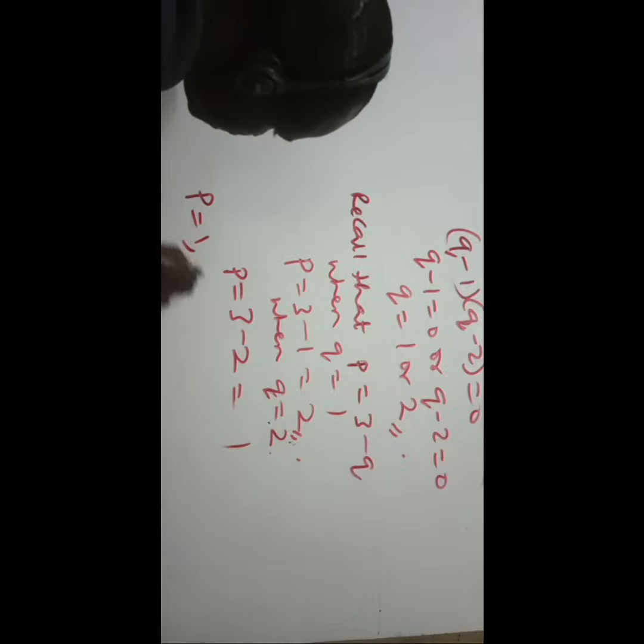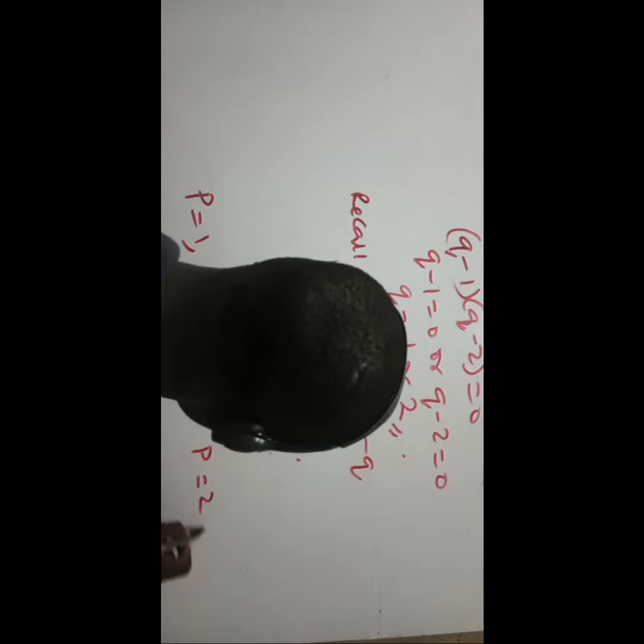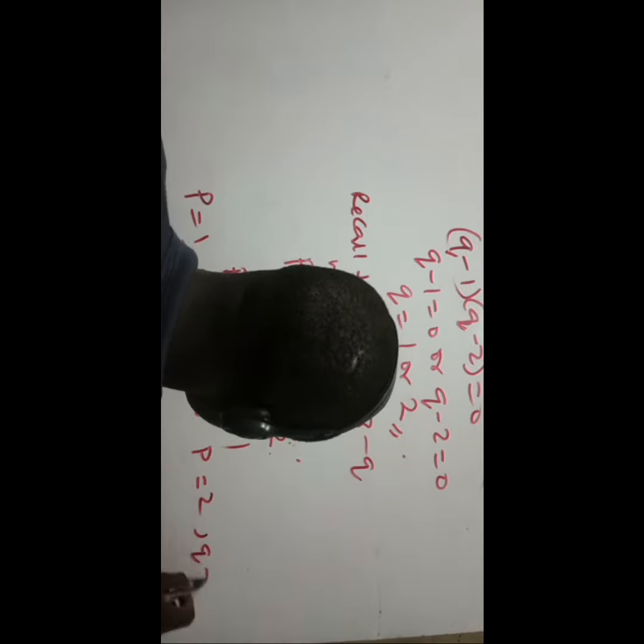So what we have now: when p is equal to 1, q is equal to 2, and when p is equal to 2, q is equal to 1.